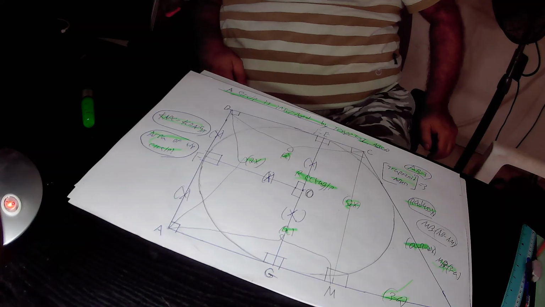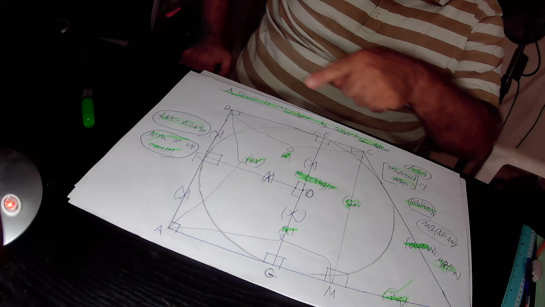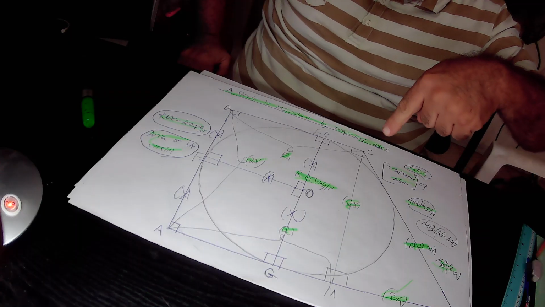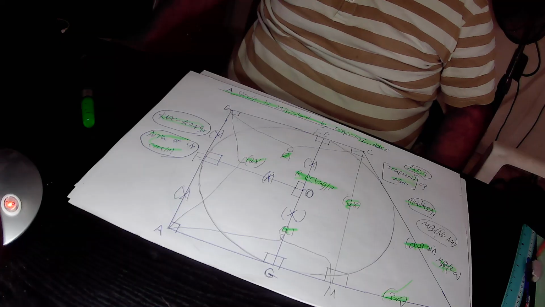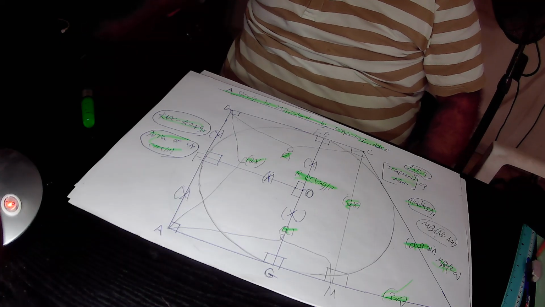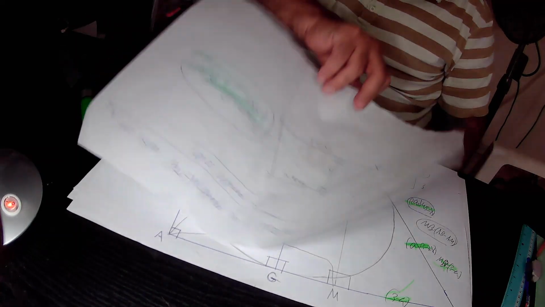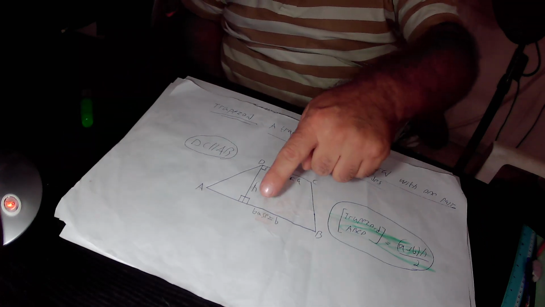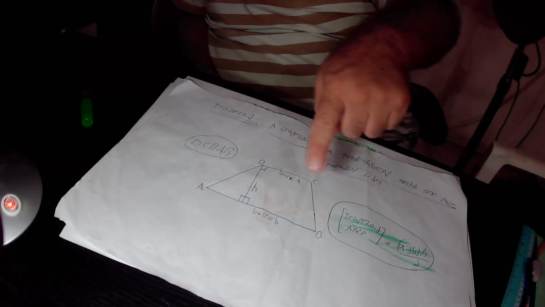And the area of any trapezoid equals the sum of its two parallel bases, that is to say DC plus AB, times the height over 2. And again, quadrilateral DCBA is a trapezoid because side DC is parallel to the opposite side AB.